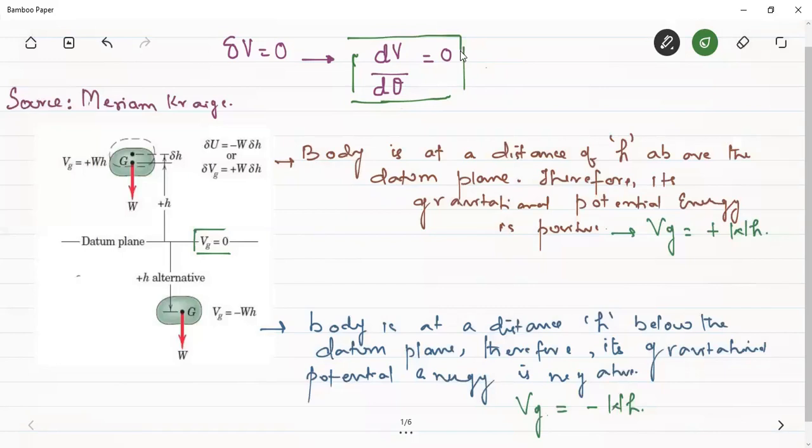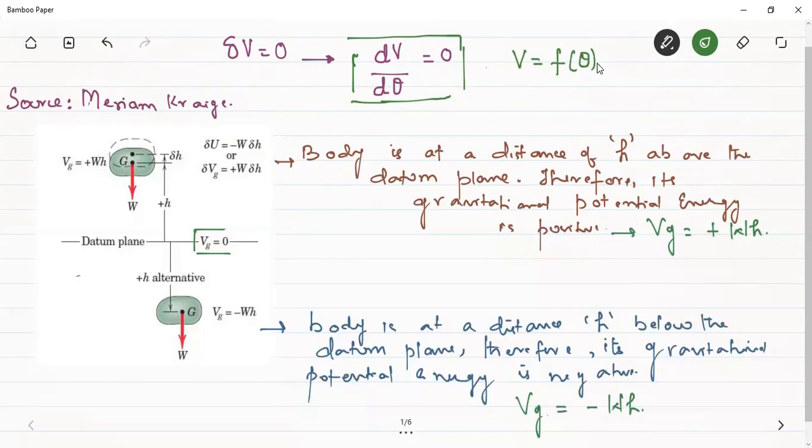For the equilibrium of that system, the derivative of the potential energy with respect to that independent coordinate should be zero. Therefore, we are interested in finding this potential energy as a function of this independent coordinate theta.